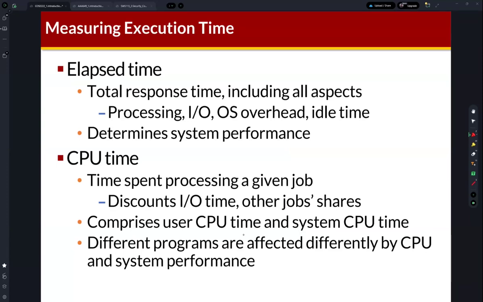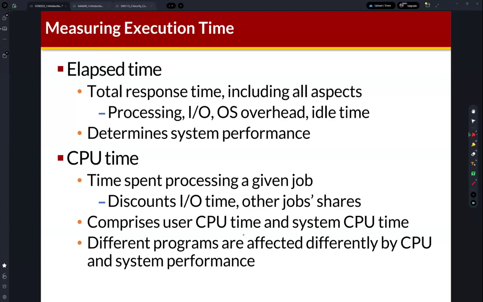So actually, I mentioned that our computer system is a very complex system. Also, our computer system is composed of many layers. So the response time of a certain program is also influenced by many factors.